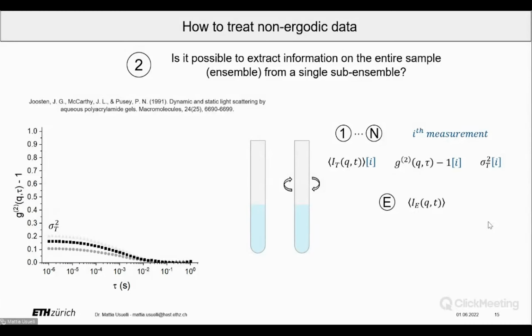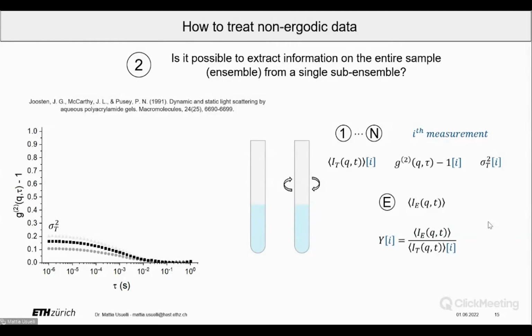The parameter we are interested in is the average scattered intensity that the system is measuring while the sample is being moved or rotated. So basically, I perform a long measurement over which I rotate the sample at a constant speed in order to probe different sub-ensembles, and I detect how the average scattered intensity looks while I'm doing this rotation.